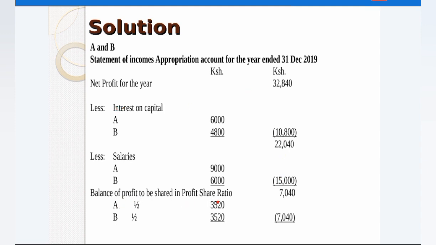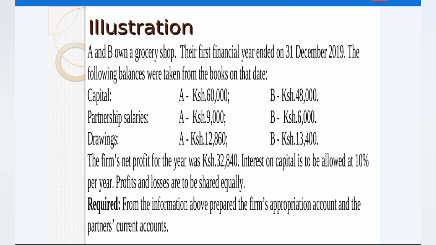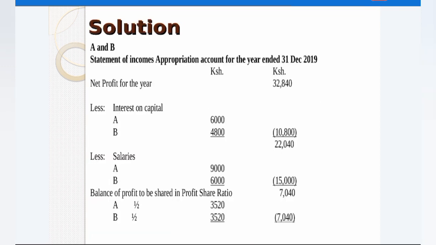So the remaining profits are to be shared to the partners, and we have been told that the profit sharing ratio is 50-50 equally. Profits and losses are to be shared equally.